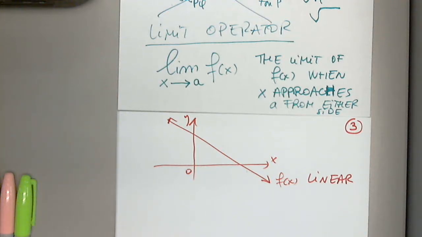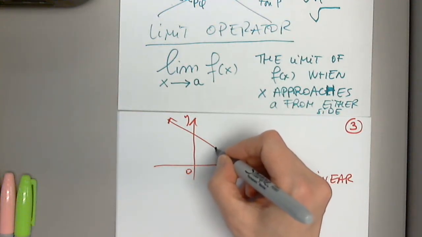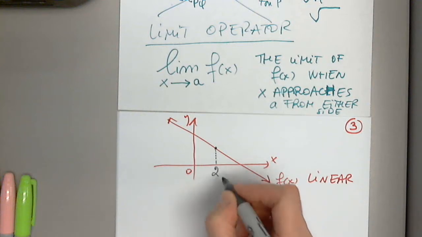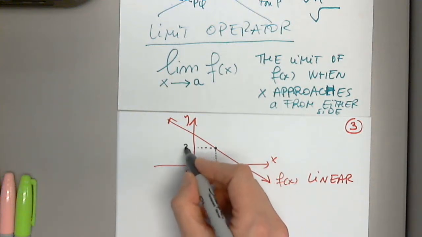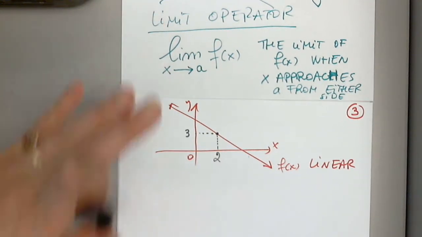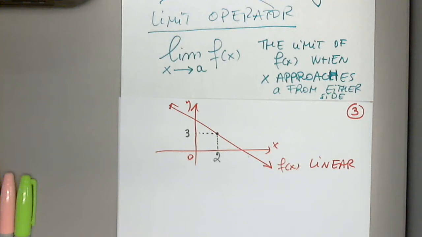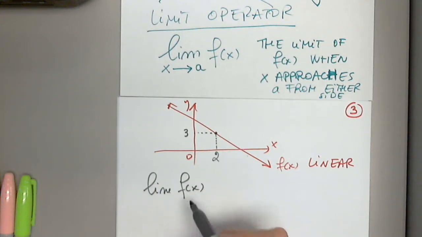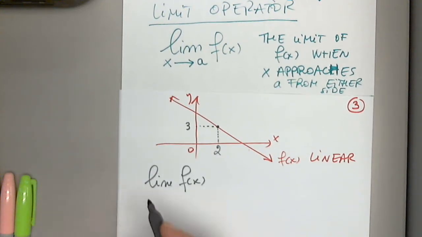So how will I write such a limit for this particular point? I will write the limit of function f of x, whatever function that is, as x approaches 2 from either side. And let's figure out what this is and what it means.